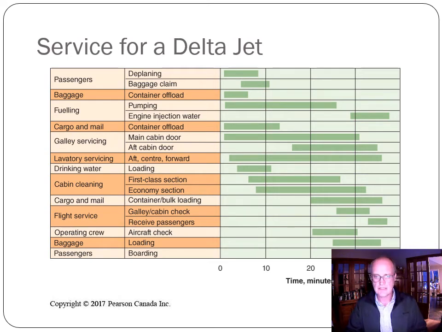And so, as an example, here on flight service, galley cabin check can't happen till first class cleaning is done, and most of the economy section cleaning is done, and we can't board passengers until that check is done. So a Gantt chart provides you, again, with a time frame for things, shows some sequence, and gives you a planning or benchmarking tool.